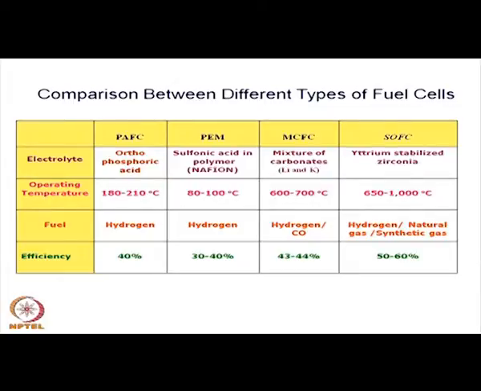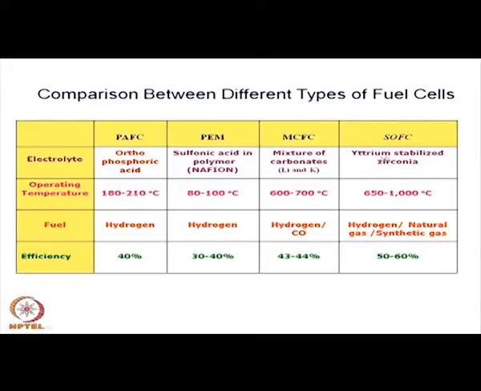There are some other polymers available, but the performance is not as good as that of Nafion. In the case of MCFC, the molten carbonate fuel cell, the electrolyte is a molten carbonate, actually a eutectic mixture of lithium and potassium carbonate, which melts at a relatively low temperature.